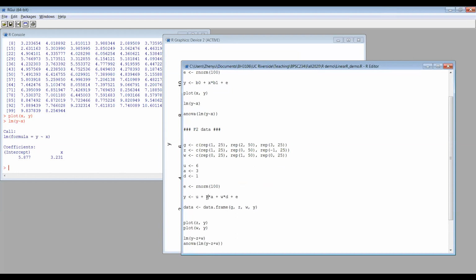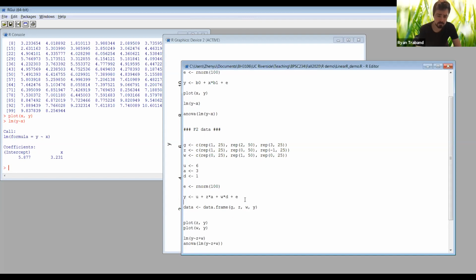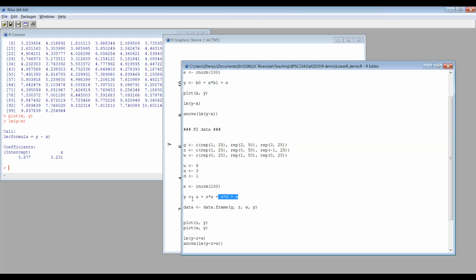Z is the random variable for the additive effect, and W is the variable for the dominant effect. So this is called the multiple regression model, not multivariate. Multivariate means we have multiple Y. Multiple regression means we still have a single phenotype Y, but we use different predictors in the same regression model.